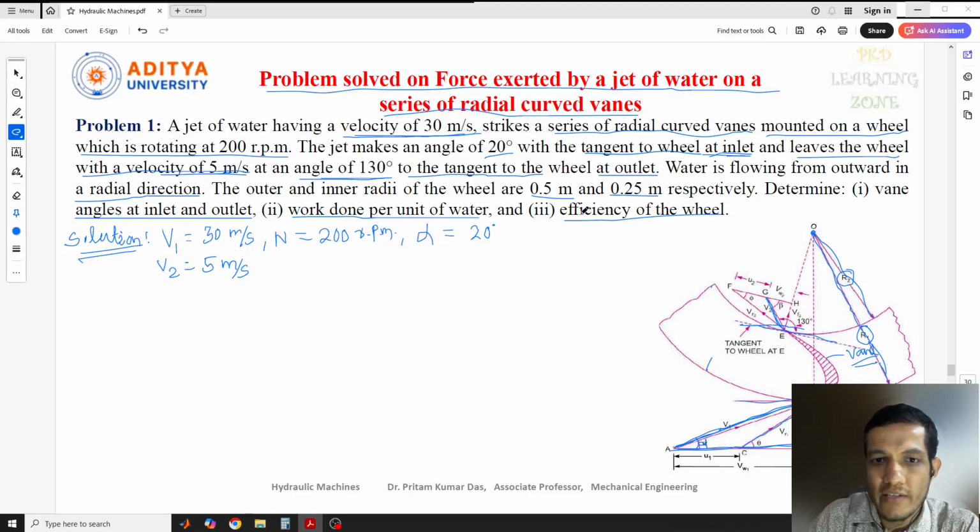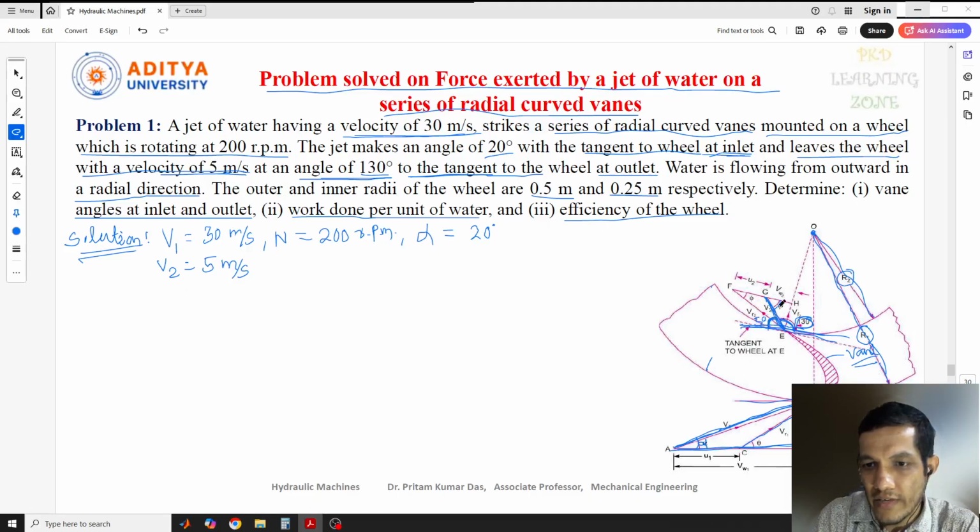The velocity coming out from this vane makes an angle of 130 degree to this tangent. So we can calculate the beta value here: the opposite angle will be 180 minus 130, so this will be 50.